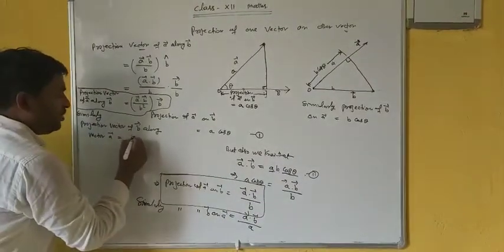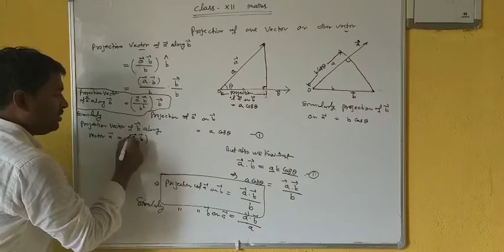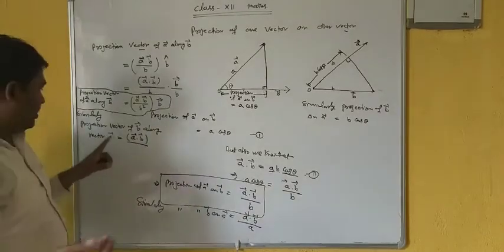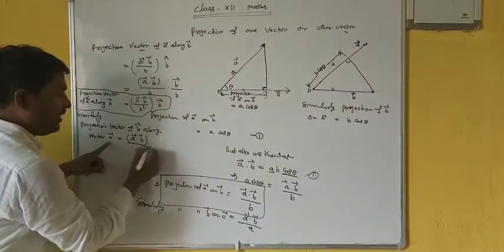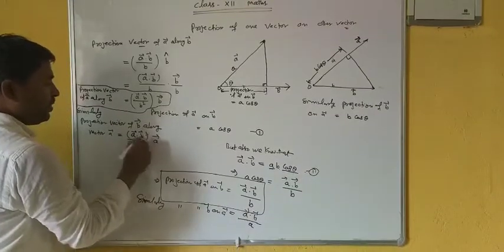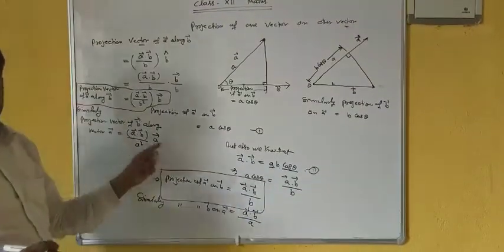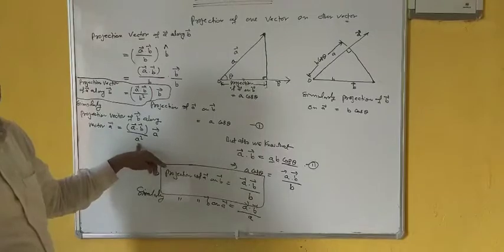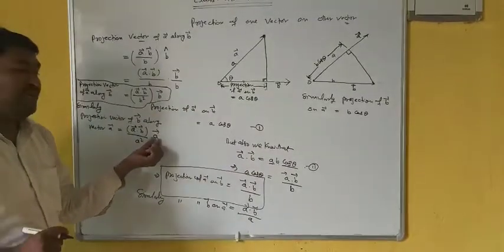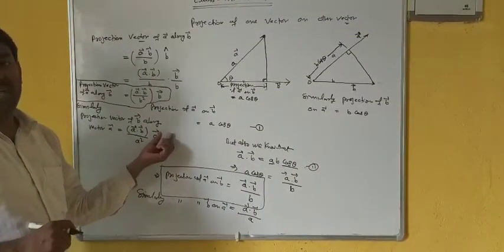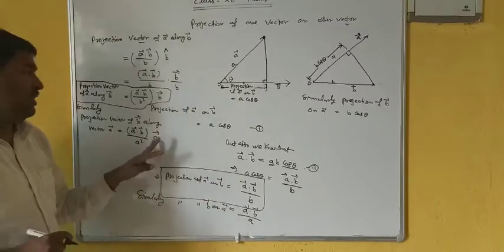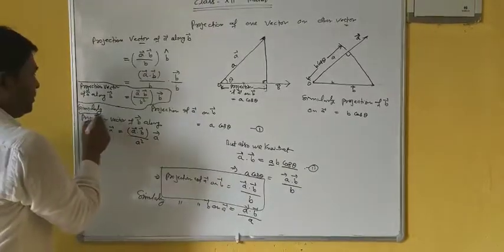Just see, A dot B is necessary, upon along A this time, so A square and here vector A. Since we are taking A cap as vector A upon modulus of A vector. So this is another.